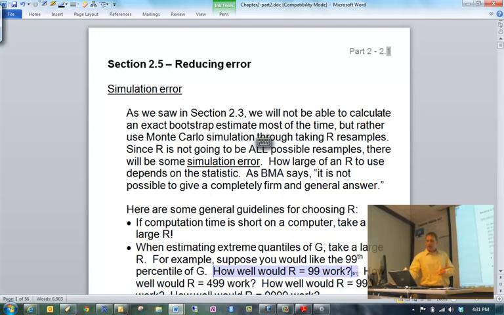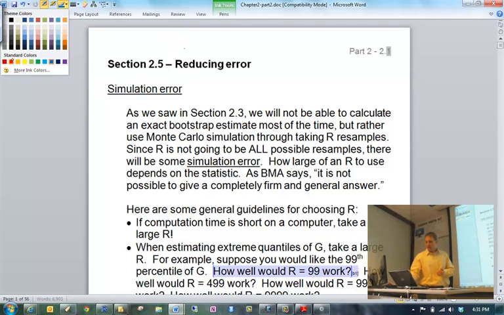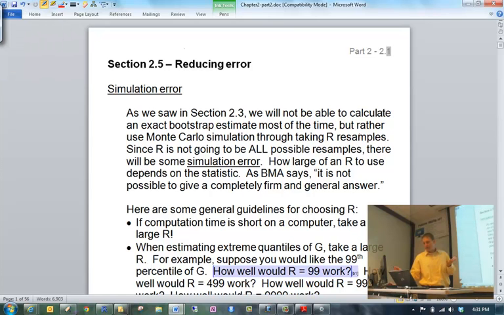We are essentially doing Monte Carlo simulations. Because of that, you're going to have some simulation error unless you could somehow take, in our case, an infinite number of resamples, or I guess, what is it, 2n minus 1 choose n minus 1 different resamples, which is very difficult to do unless you have a very small data set.